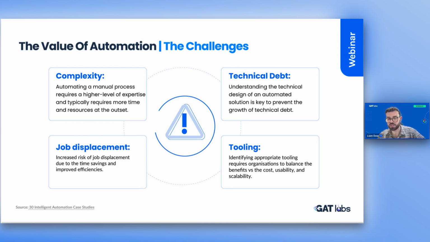You've got to weigh up the benefit of automating it versus the cost of another product, or working with a consultant or a third party, and whether it's going to be scalable. Is this going to be the product that you want to use for automation on an ongoing basis? Will it integrate with other things that you want to do in the future? So these are some of the things you need to think about, and some of the challenges therein.